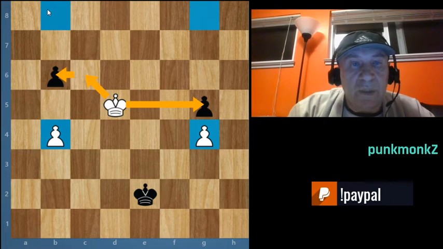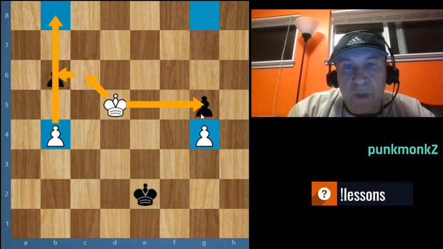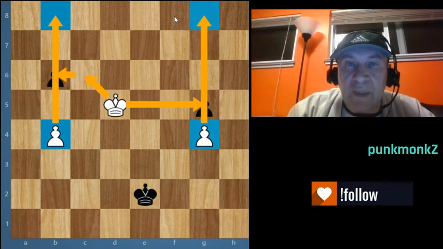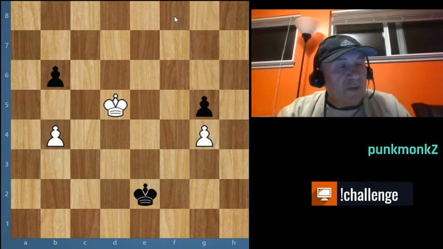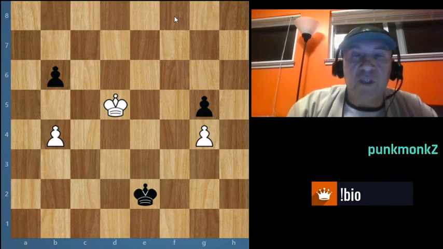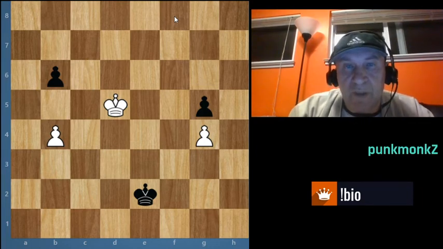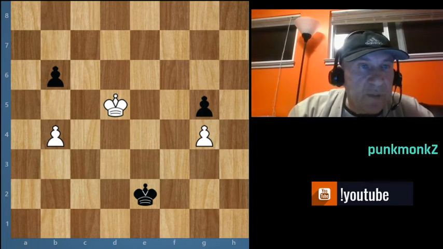Does white want to have a passed B pawn, or does white want to have a passed G pawn? That's the question. White has to decide between the two choices, and number two is, what is the criteria by which he makes this choice, this direction, this path? Those are the questions.